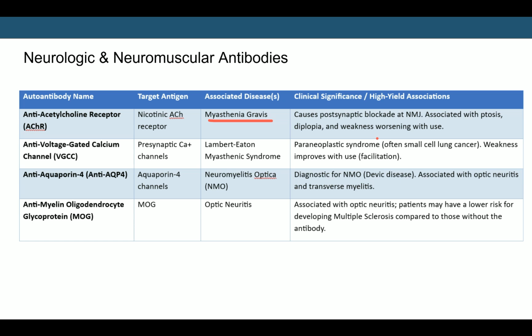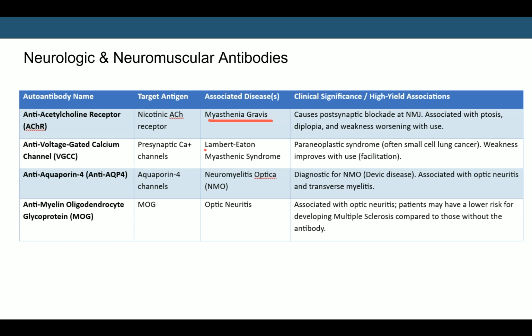So if you get a female, maybe in her 40s or 50s, with weakness and double vision at night, and on testing the muscles weaken and worsen with use, then you have myasthenia gravis. The autoantibody is going to be anti-acetylcholine receptor, the antibody that's targeting the nicotinic acetylcholine receptor.